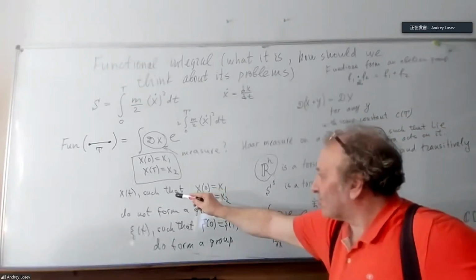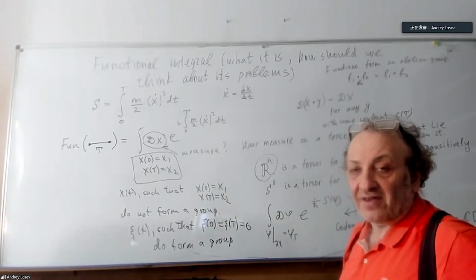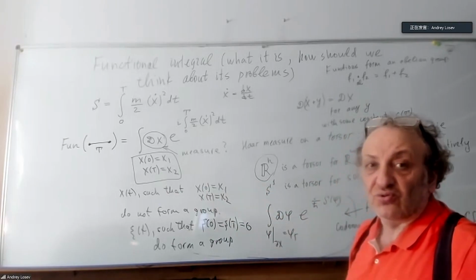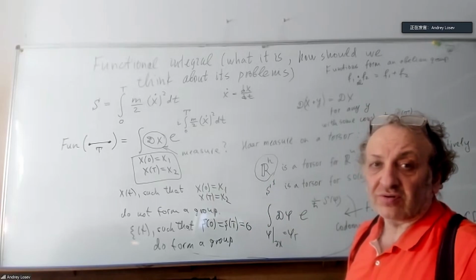Now, functions x of t satisfying these boundary conditions do not form a group, but they form a torsor.